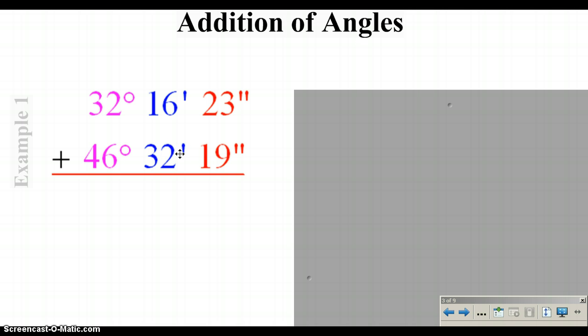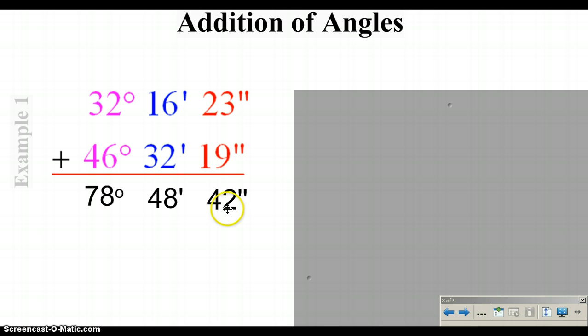So addition of angles is extremely easy. You just add the columns. 23 plus 19, 16 plus 32. So 23 plus 19 is 42. 16 plus 32 is 48, and 32 plus 46 is 78.